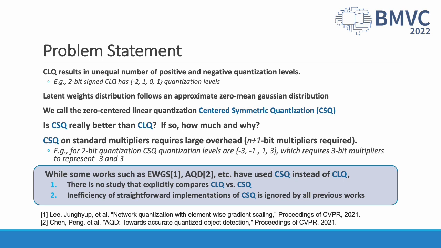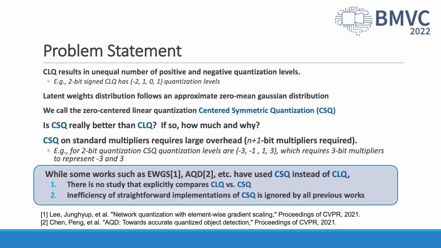The first problem is that CLQ results in an unequal number of positive and negative quantization levels. And we've already talked about how that's because signed CLQ uses 2's complement binary representation, which has an unequal number of positive and negative values. However, the weight distribution usually follows approximately a zero-mean Gaussian distribution, and because of that, CLQ results in significant quantization error.